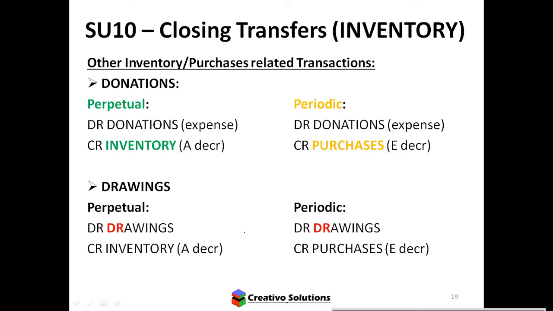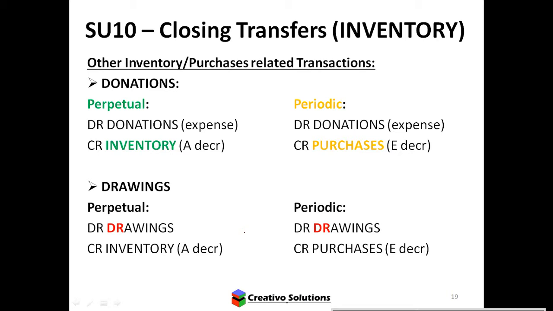Inventory will decrease, so that will always decrease. Then you would have contribution as your donation. Contribution is what you're giving. Because you're not giving out inventory, you're giving out, for instance, say my boss gives money every month to people who need it.